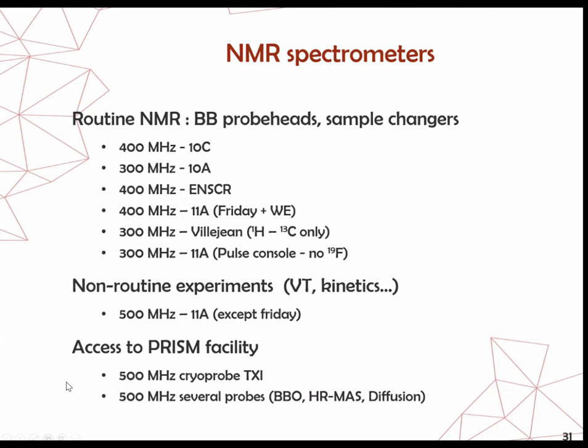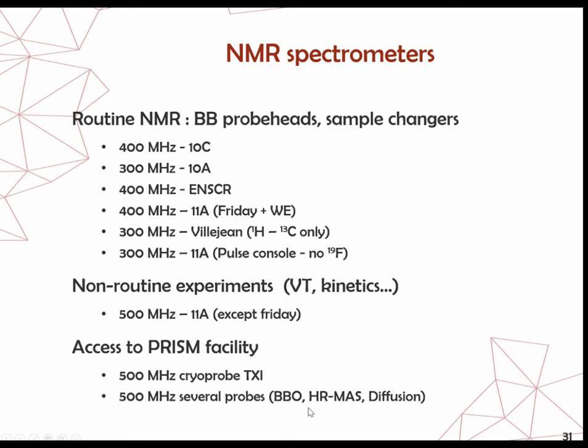So if you have a very small quantity of compound, you can use a cryoprobe. It's very interesting. Usually the duration of a carbon spectrum can be reduced by a factor of 4 or maybe 8. So if you need to use this cryoprobe, just ask.